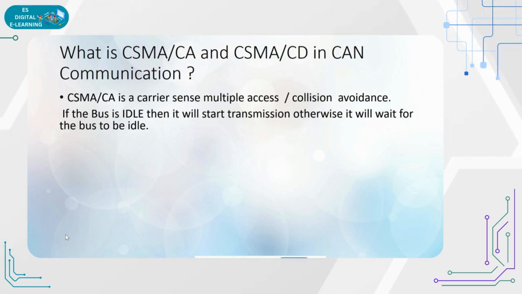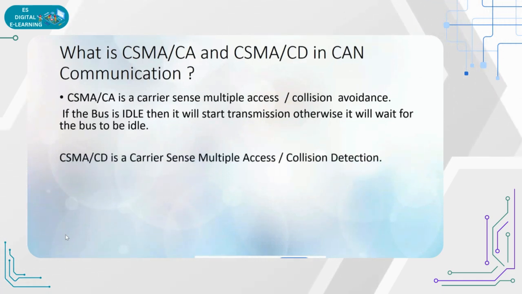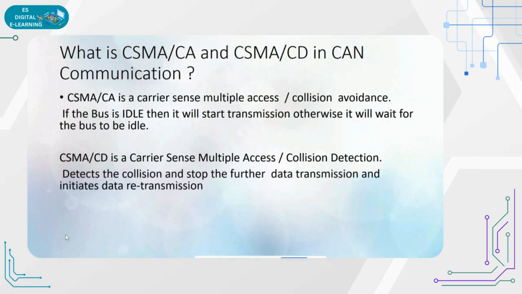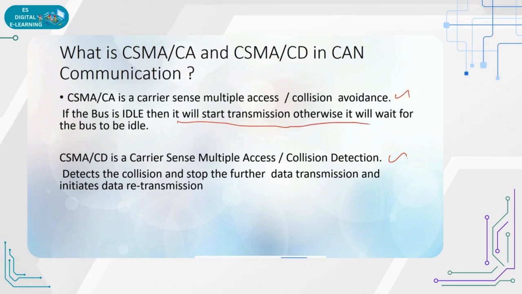Otherwise, it will wait for the bus to be idle. Until then, the messages cannot be transferred. Okay, this is one method. And CSMA/CD is carrier sense multiple access with collision detection. Collision avoidance: when the bus is idle, it will start to transmit, otherwise it will wait for the bus to be idle.